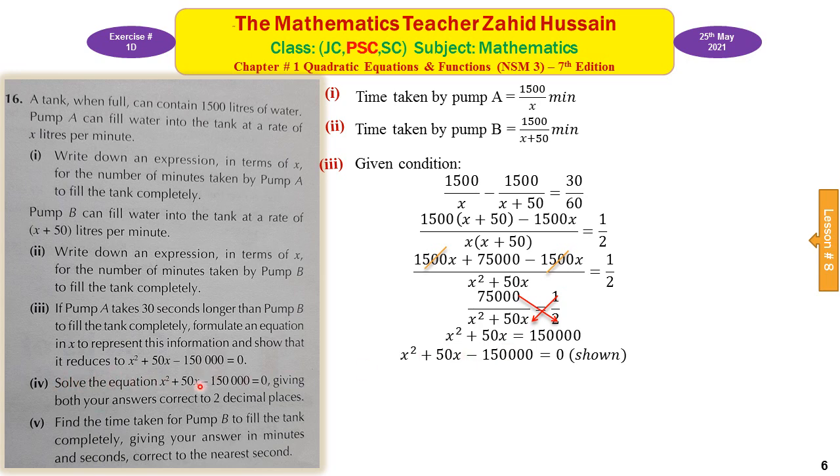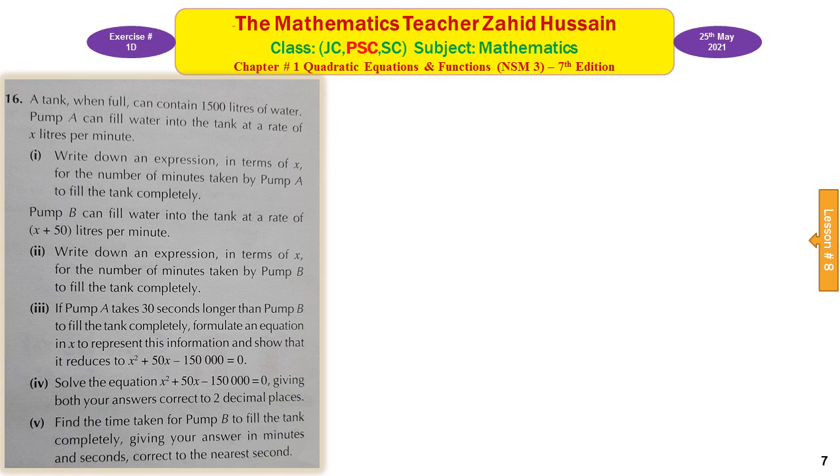In part 4 we are asked to solve this equation giving both answers correct to 2 decimal places. So we will solve this equation by using the formula. The value of a is 1, b is 50 and c is equal to minus 150,000.